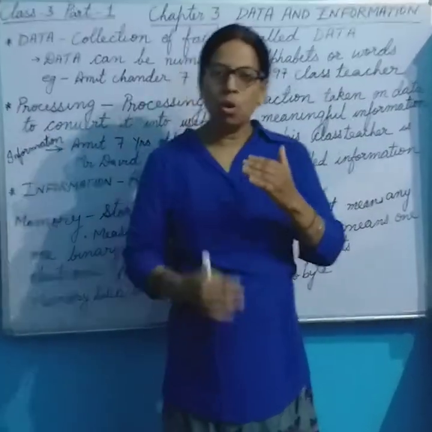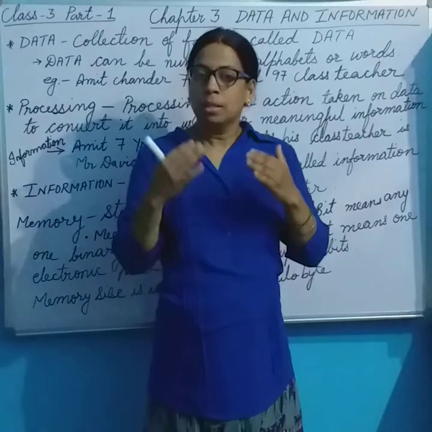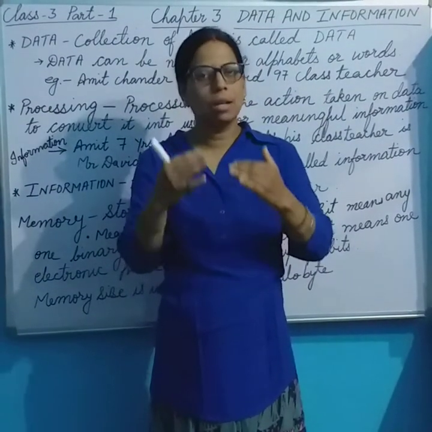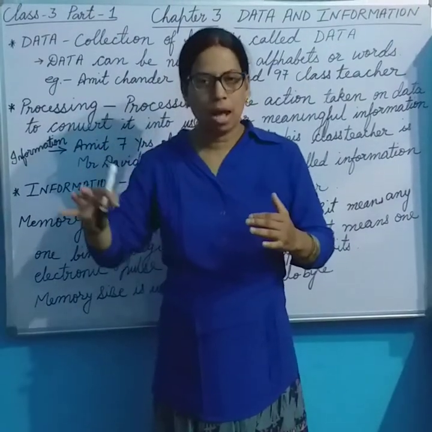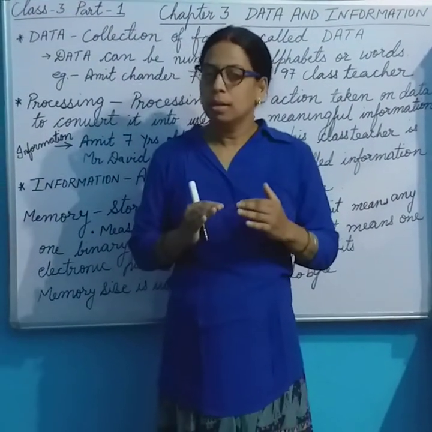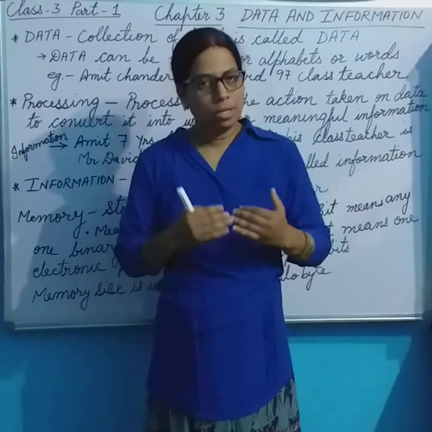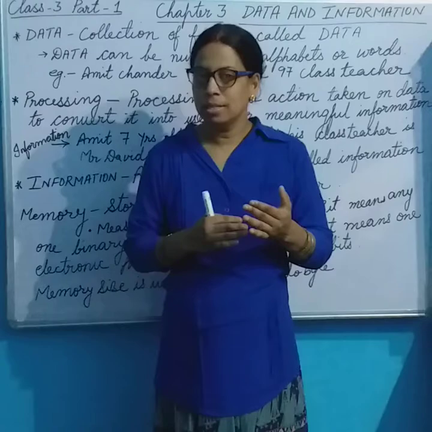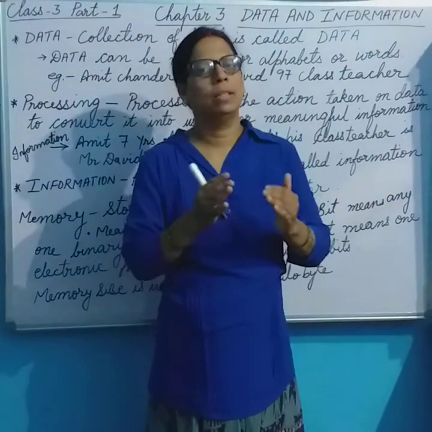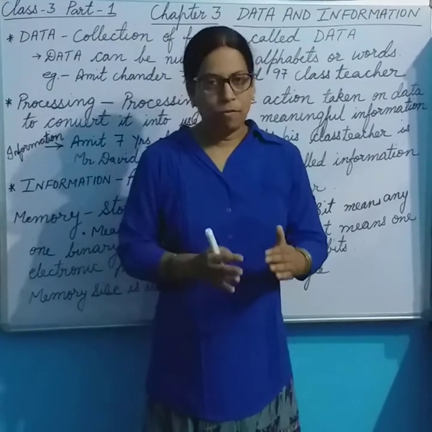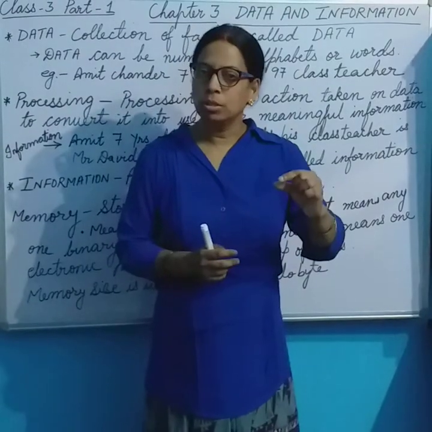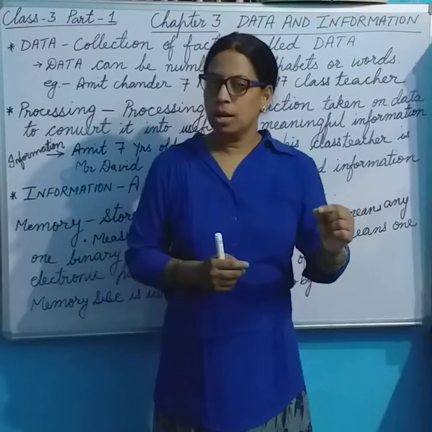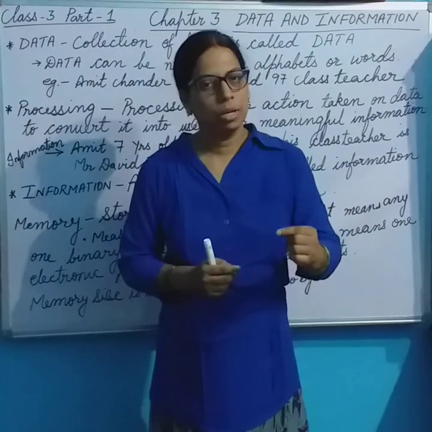So in this whole process, whatever facts the monitor collected from the classmates, that was data. Then the monitor sat and checked whose mark is highest. That is the processing which was done by the monitor. And finally, the monitor took out the highest mark of a particular child and his or her roll number and presented it to the teacher.